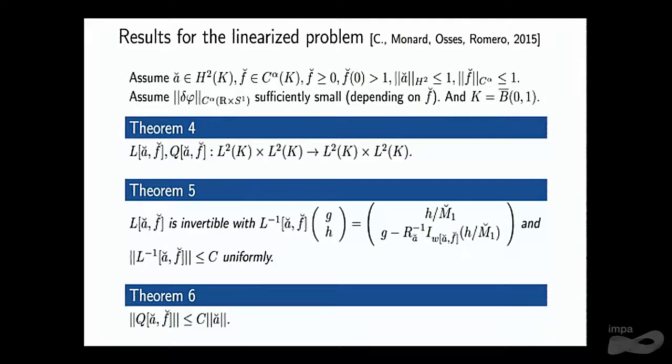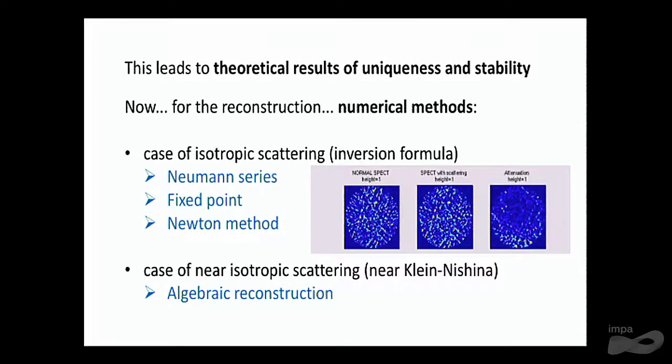So invertible plus small, you can invert; identity plus something which is bounded, you can invert it by Neumann series, for instance. So finally, I will not write the theorems now, since they became a little bit technical due to regularization, etc. But we have theoretical results for uniqueness and stability for the linearized problem, and local uniqueness and stability for the nonlinear problem.